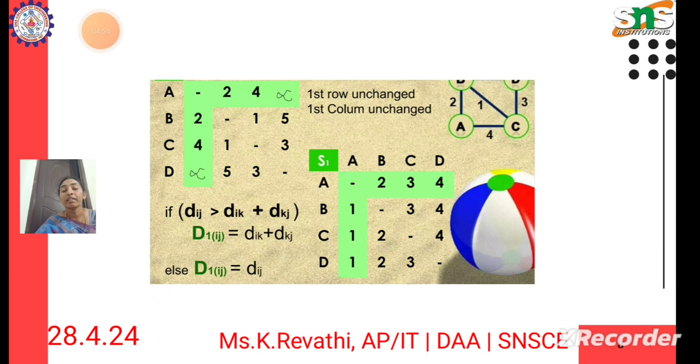Otherwise, the path value will be taken directly from the matrix entries. Otherwise, it will be directly taken as the distance: D1[i][j] equals d[i][j].